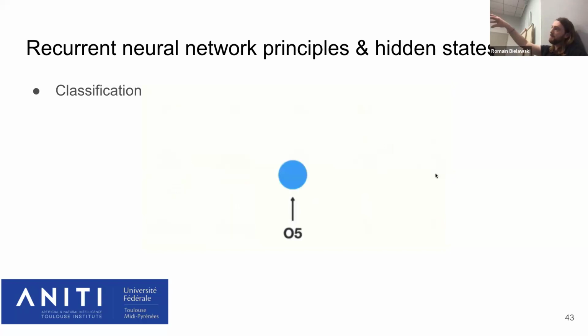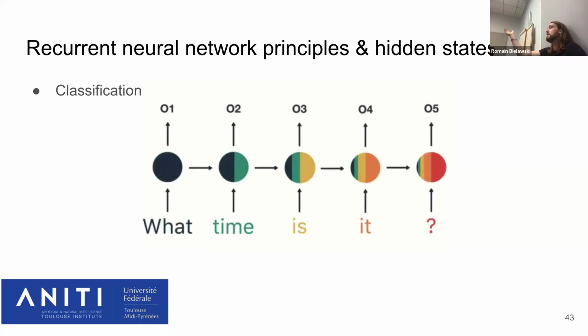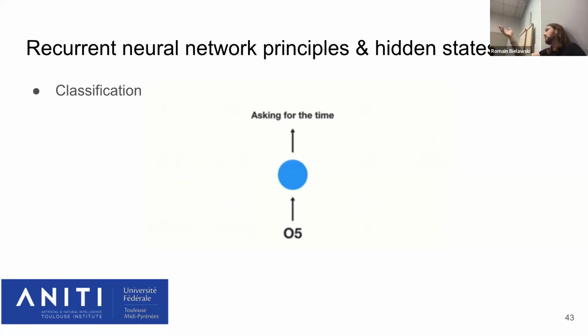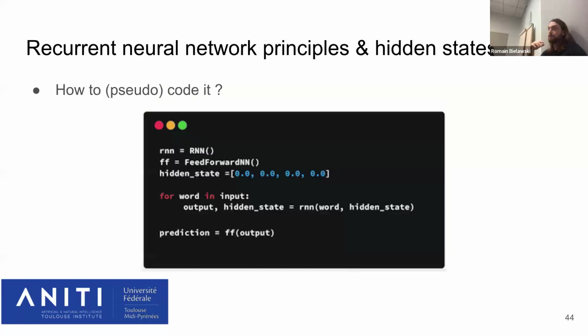This final output is going to be passed on to a classifier, and the classifier is going to say, okay, this is not a sentence about asking how someone is doing, but it's a sentence about asking for the time. Right? Any questions?